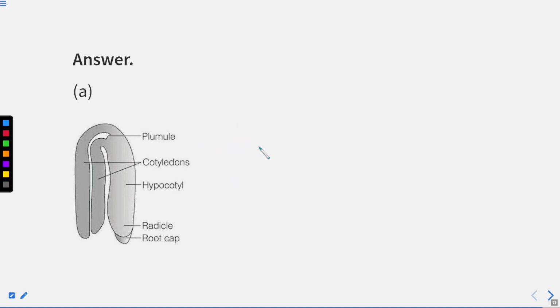So this is what? This is a typical dicot seed. How a dicot seed looks like. Here you can see the radicle is present. Radicle will give rise to the root, and this radicle is protected by a root cap, so it provides protection.